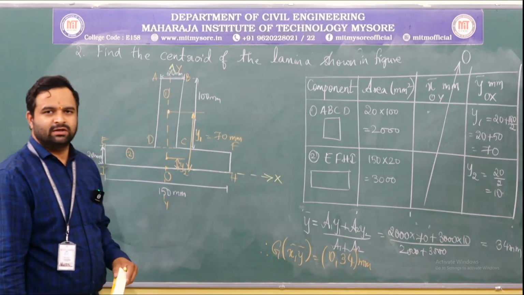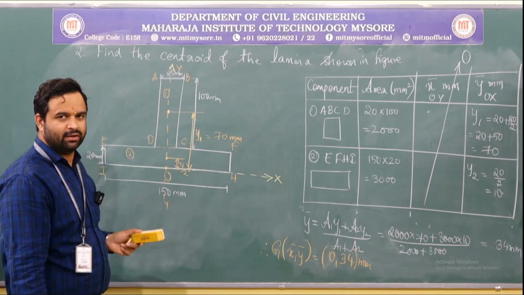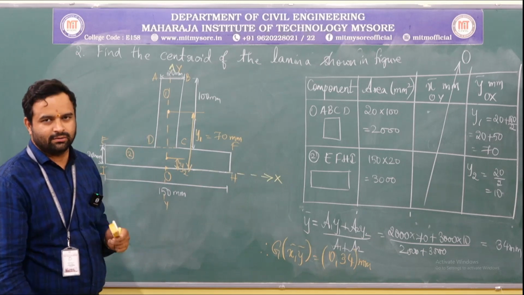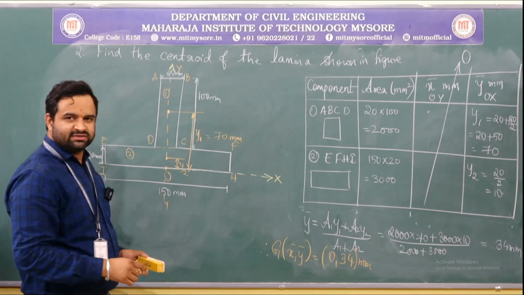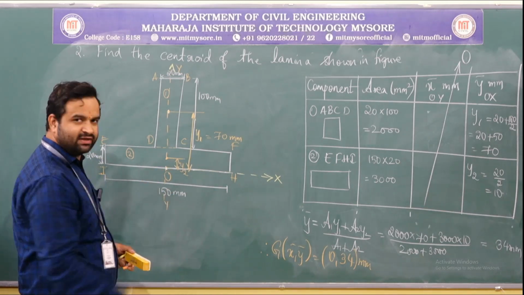This is the centroidal value of this entire lamina with respect to the referral axis which I have drawn. So, 34, 0, where does 0 lie? Exactly at origin, x is 0, and what is y? Y is 34.